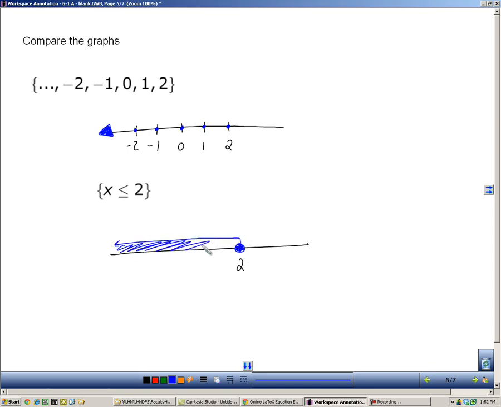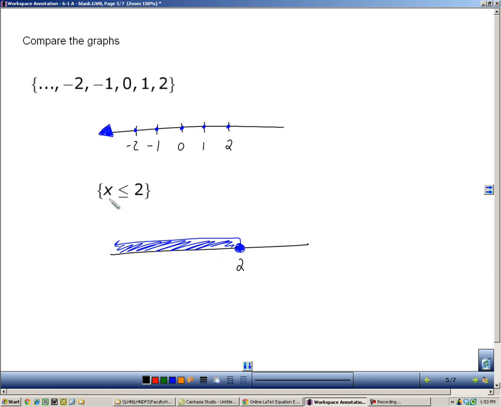I want to talk about the differences here. In the top one, each one of these numbers is an integer. There are no fractions, there are no decimals. They specifically say 2, 1, 0, -1, and so on. So none of the numbers between any of these are included in my graph. That's why I have to use dots.